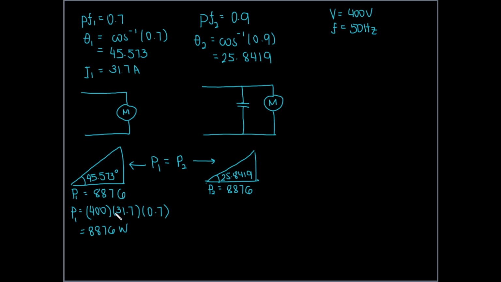Trigonometric function is tangent, right? So tangent 45.573 is q over 8876.